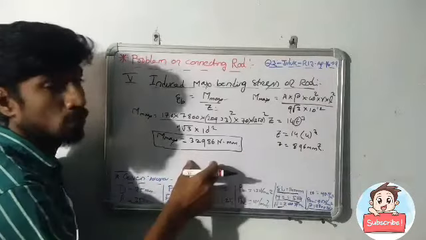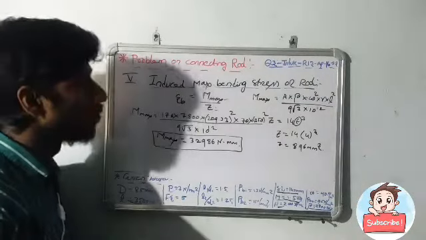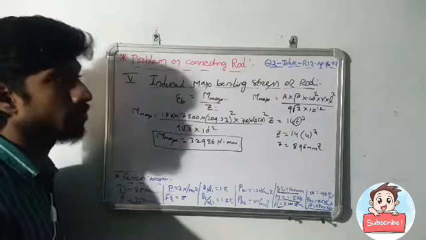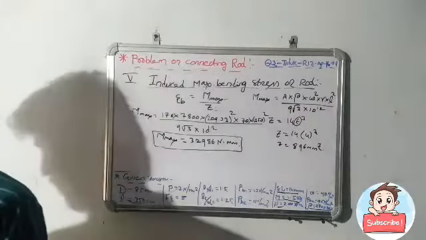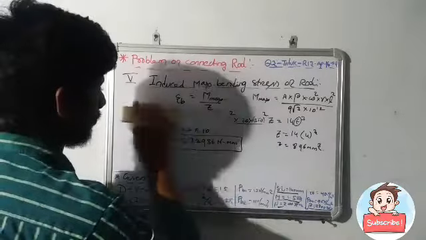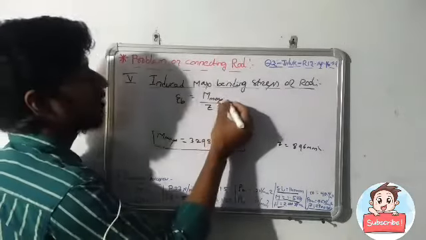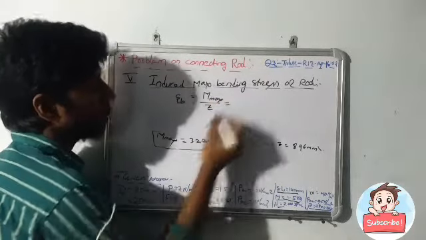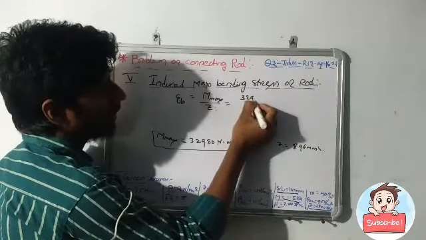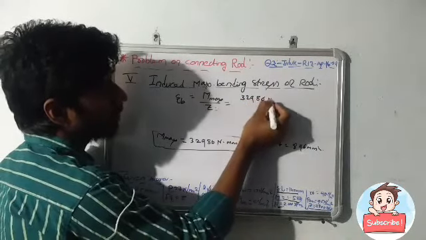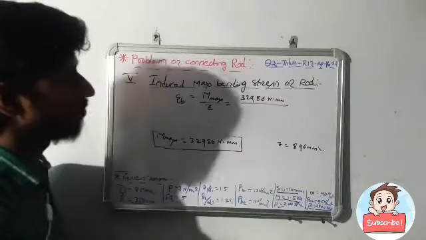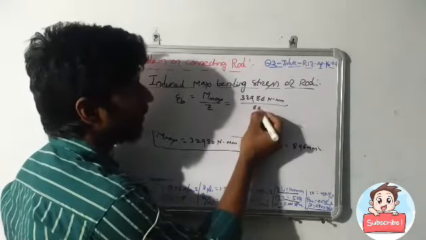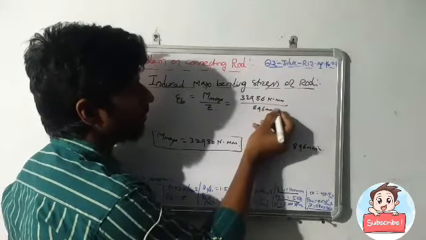By substituting these two values in the above equation, we get the induced maximum bending stress on the connecting rod. Let's substitute those values here. So that is equal to M maximum 32986 Newton meter whole divided by Z, 896 mm cube.